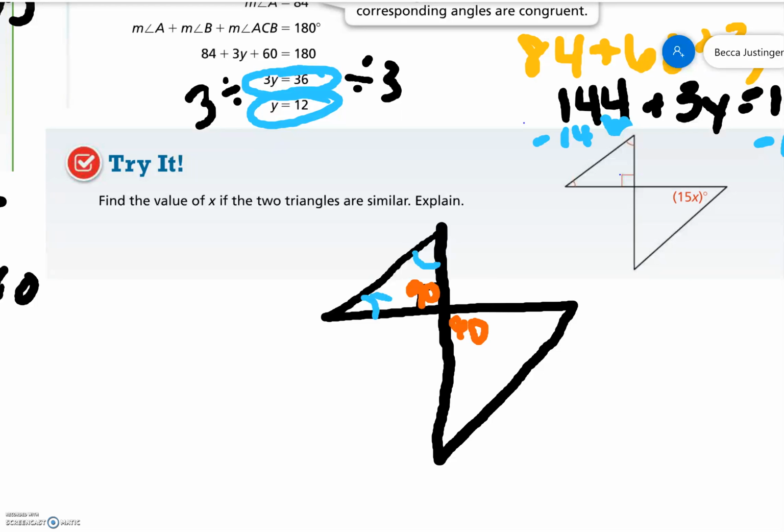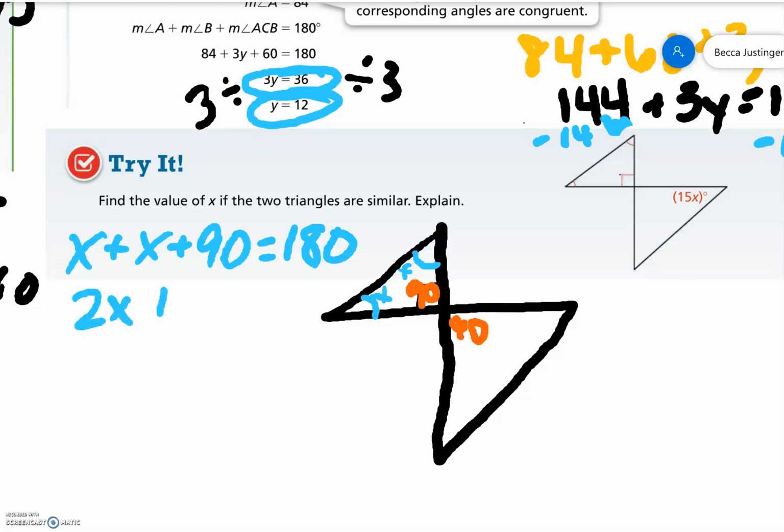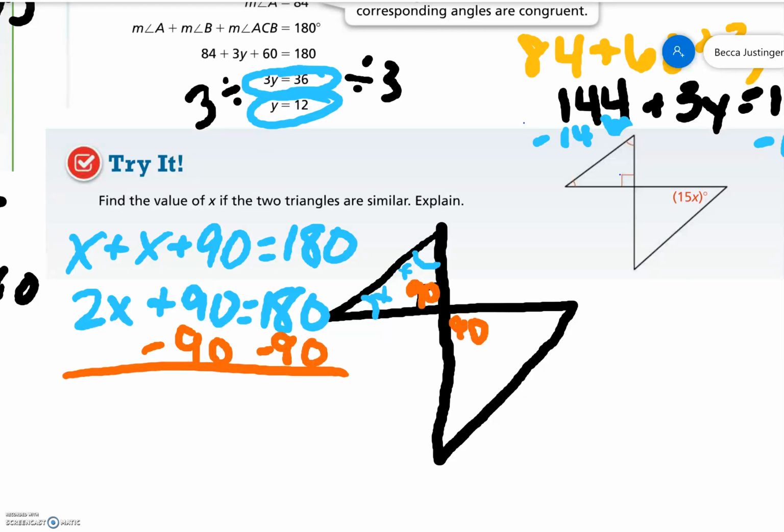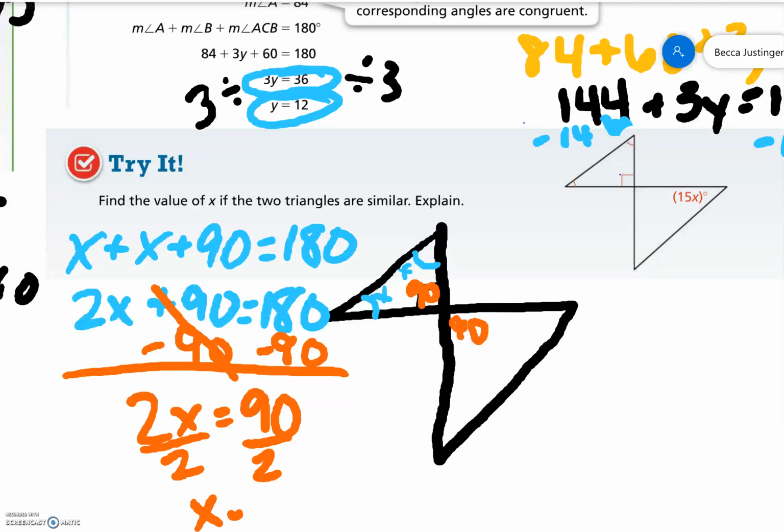If the angles are congruent, they're worth the same amount. So that smaller triangle up top is x plus x plus 90 has to equal 180. Combining like terms, that's 2x plus 90 equals 180. Subtracting 90 from both sides to get the x by itself, we get 2x equals 90. And then dividing by 2, x has to equal 45.